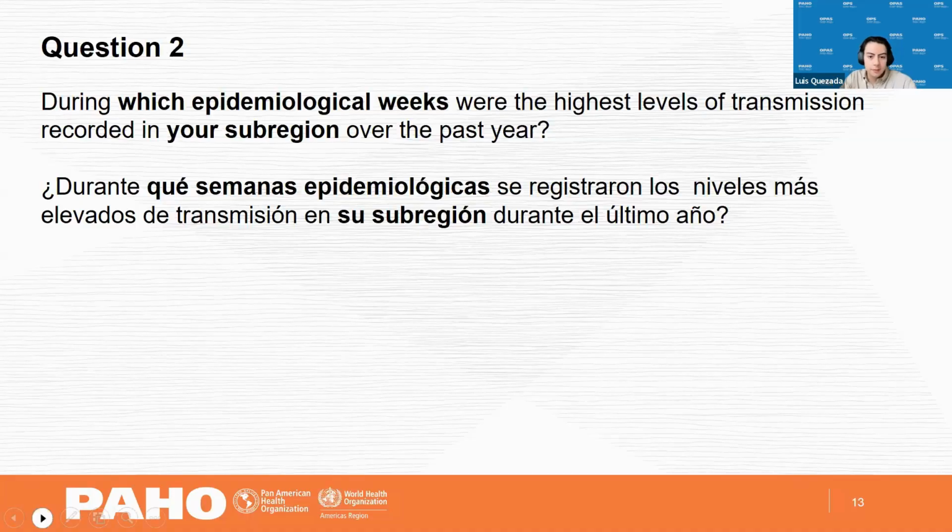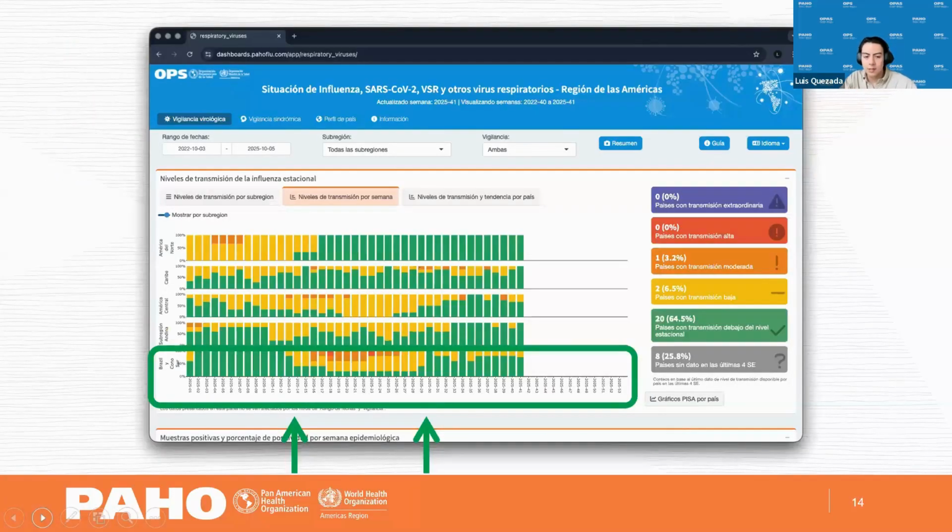Now, let's continue with the analysis. Thank you for answering. As you can see, in the section of transmission levels, we have a graph that enables us to observe the variation of the thresholds according to the number of reporting countries. We're going to use the example of Brazil.